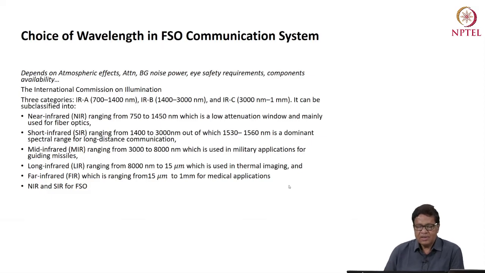Now let us understand what is the choice of wavelength in a free space communication system. I mean, what wavelength should be selected in the optical spectrum for free space optical communication? Actually, it depends on a variety of factors.